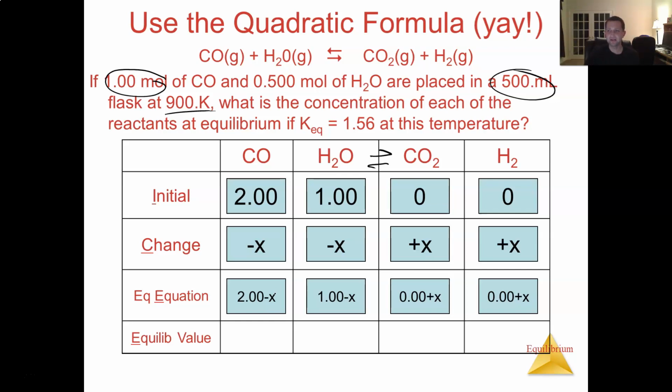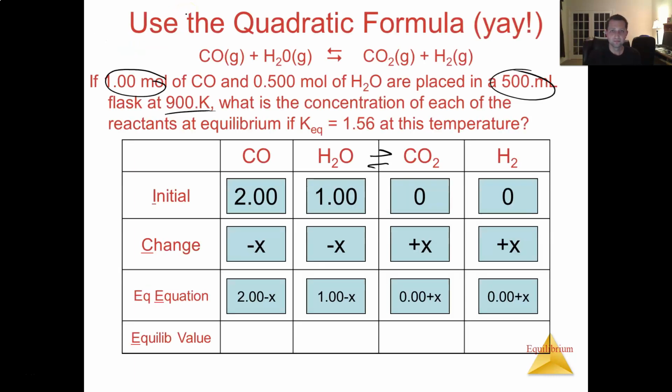The next slide is just blank. Here's how we'll go through the work. If you know how to do the quadratic already, you can figure it out, and that's fine. I'll tell you about a shortcut at the end, but let's just do one without the shortcut. So my Keq expression, I'm going to write it out. It is products over reactants, so it's going to be x times x over my reactants.